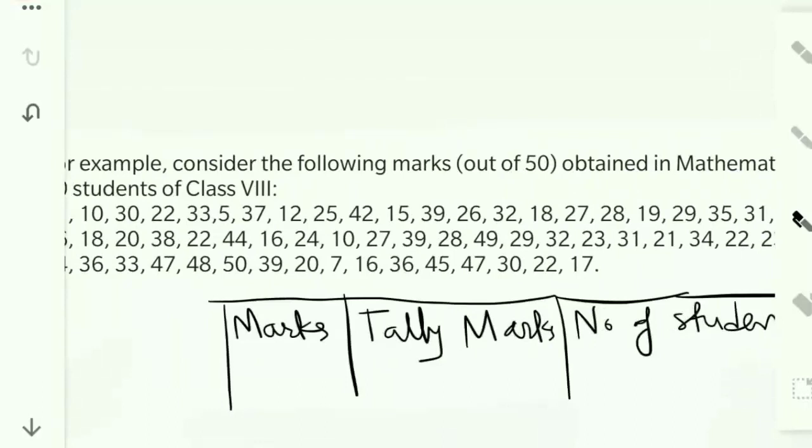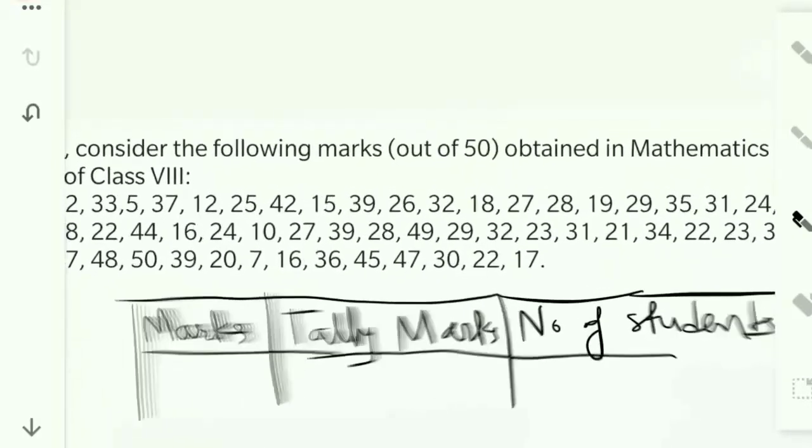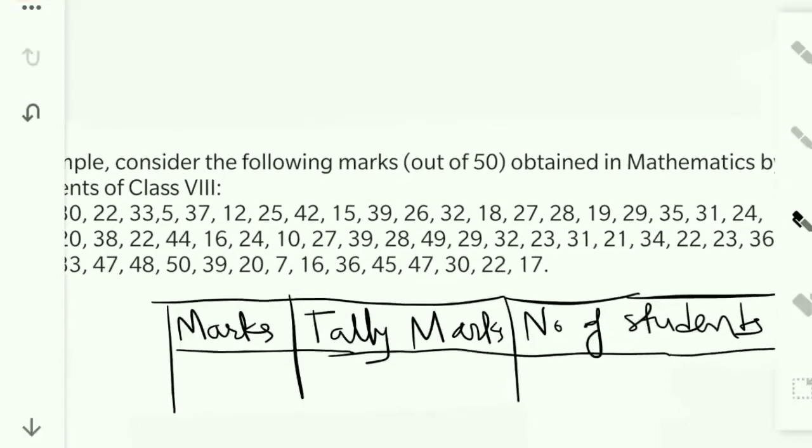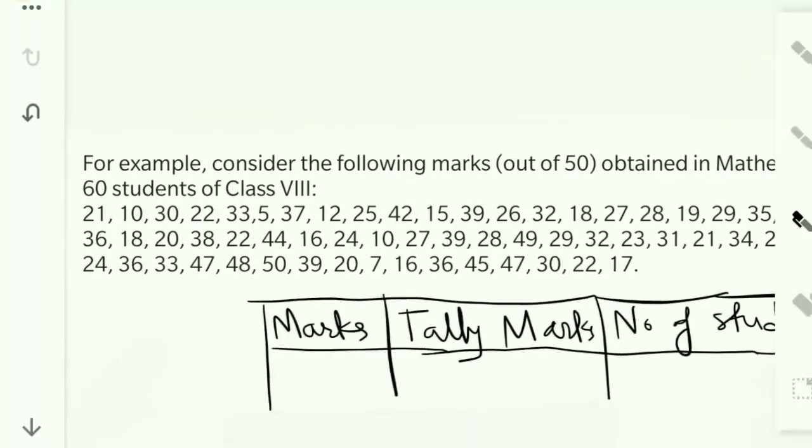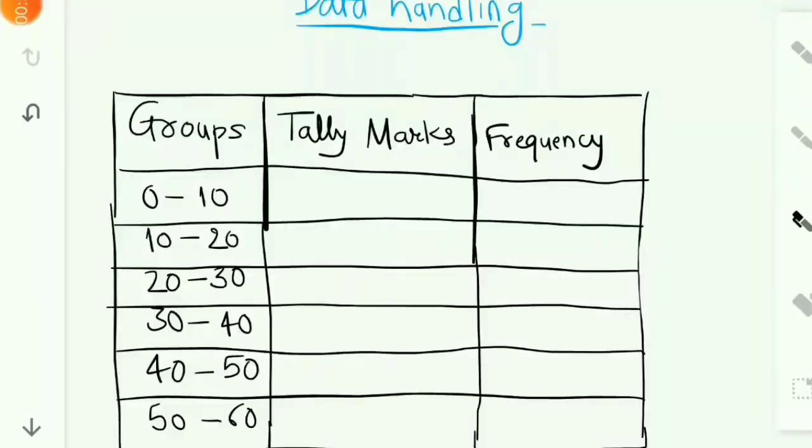So you try to draw the same frequency distribution table that we drew in the last example, and we'll tally. So we'll make a table like this, where we'll write groups as 0 to 10 marks, 10 to 20, 20 to 30, and so on.